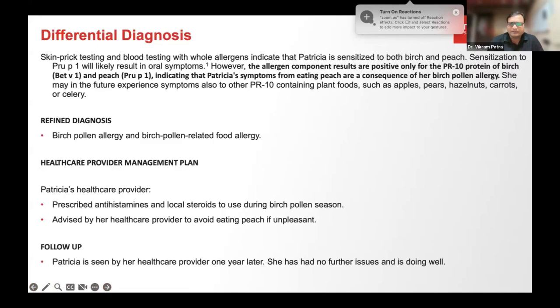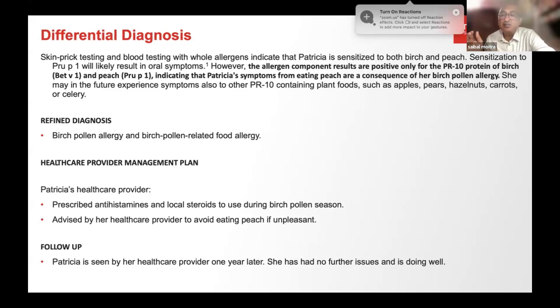If we don't do CRD in such a situation, we'll end up giving multiple allergens in one vial, which dilutes the concentration and leads to ineffectiveness of the immunotherapy. So focused, targeted immunotherapy can be done by knowing the signature molecule. Yeah, exactly. Thank you so much. That means when we have dual sensitizations on a skin test or specific IgE to whole allergens, and we need to find out which one is the real culprit or triggering allergen, we need to resort to CRD.